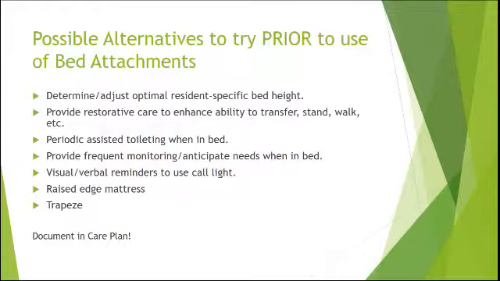So, for example, we could determine or adjust the optimal resident-specific bed height to facilitate transfer. We could provide restorative care to enhance the resident's ability to transfer, stand, walk, etc. We could provide periodic assisted toileting when in bed to minimize the resident's attempts at self-transfer.